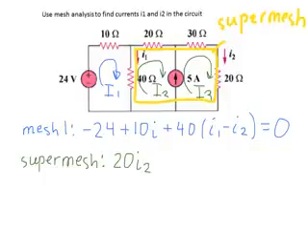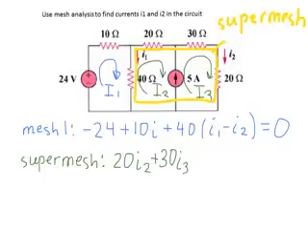Then, following this direction, we're going to the 30 ohm resistor. So we put plus 30, now we put I3.